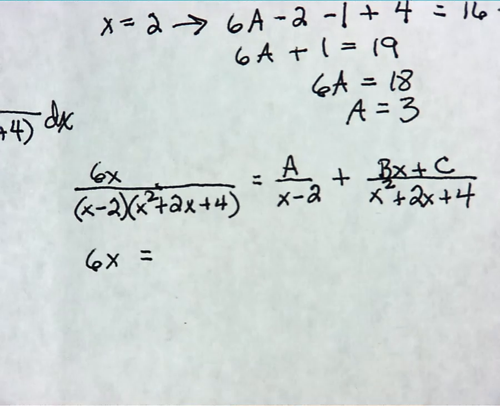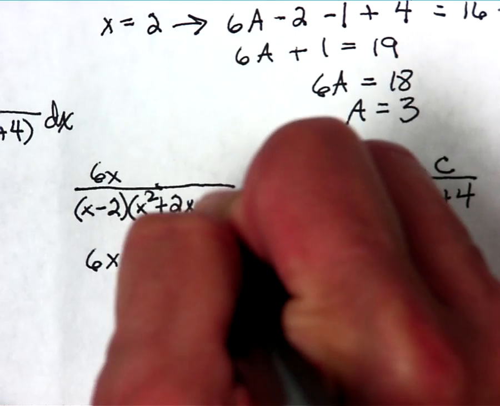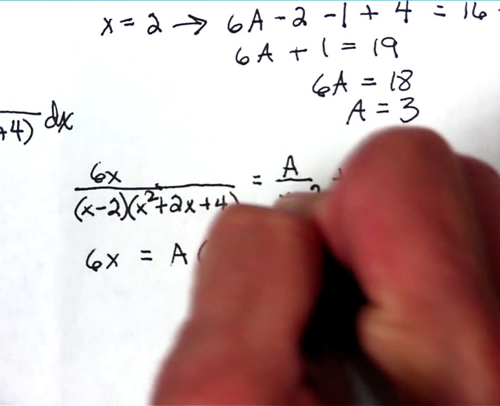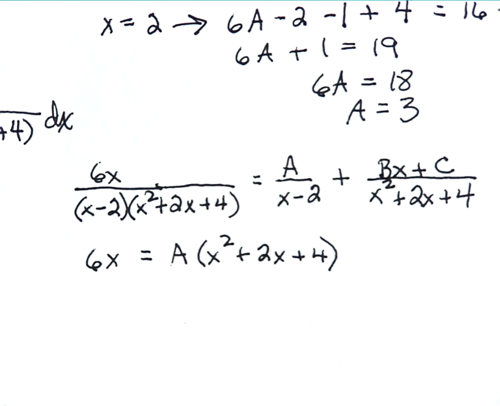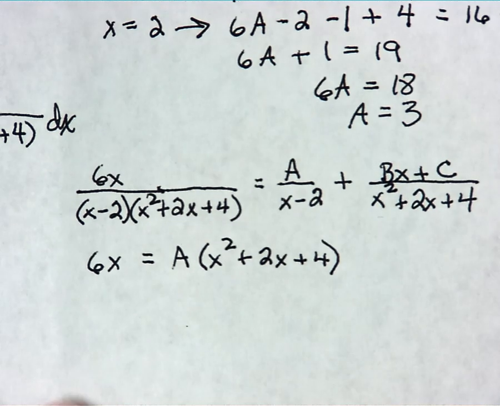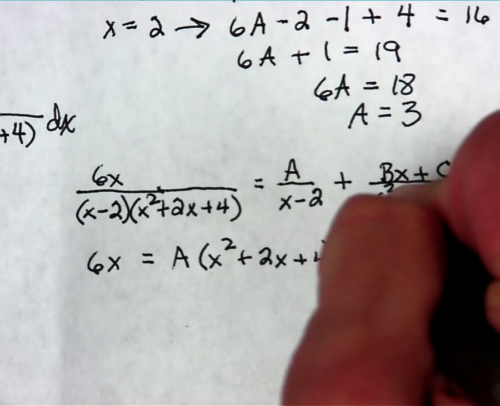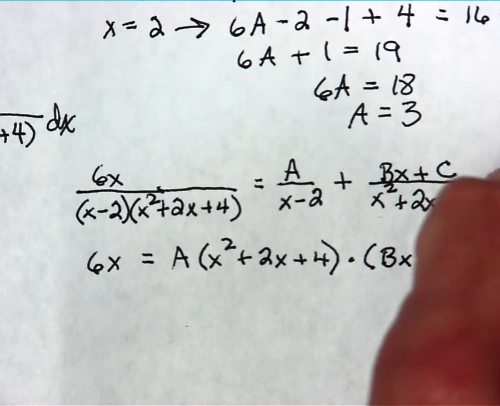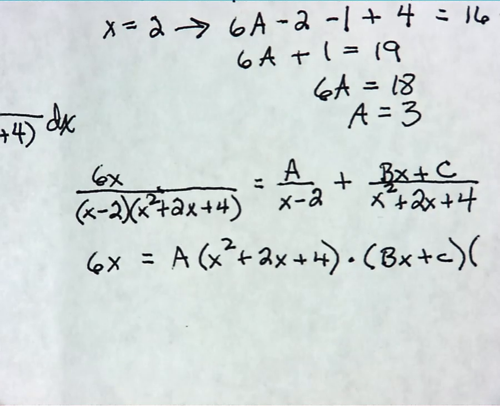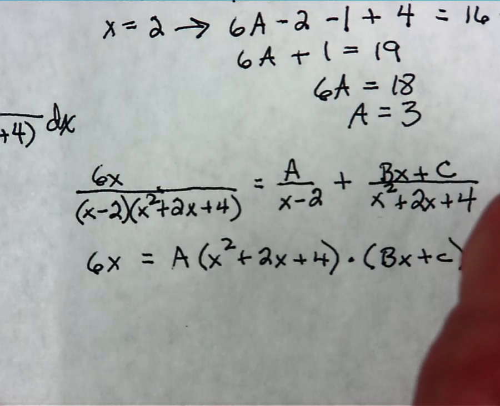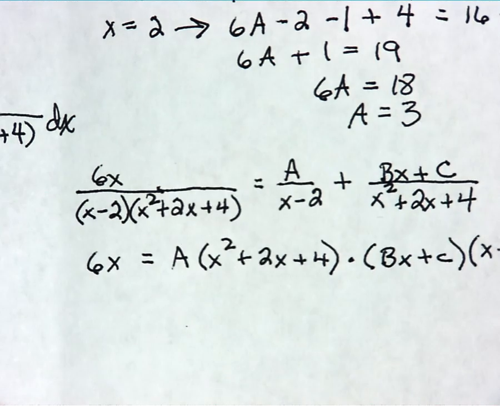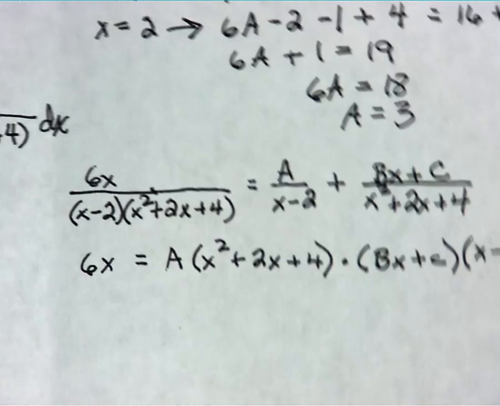If I multiply the first term on the right by the LCD, what's going to cancel? X minus 2, and what's going to be left is A times x squared plus 2x plus 4. And the second term times the LCD will leave me the Bx plus C times what? X minus 2. All right, so no more fractions.